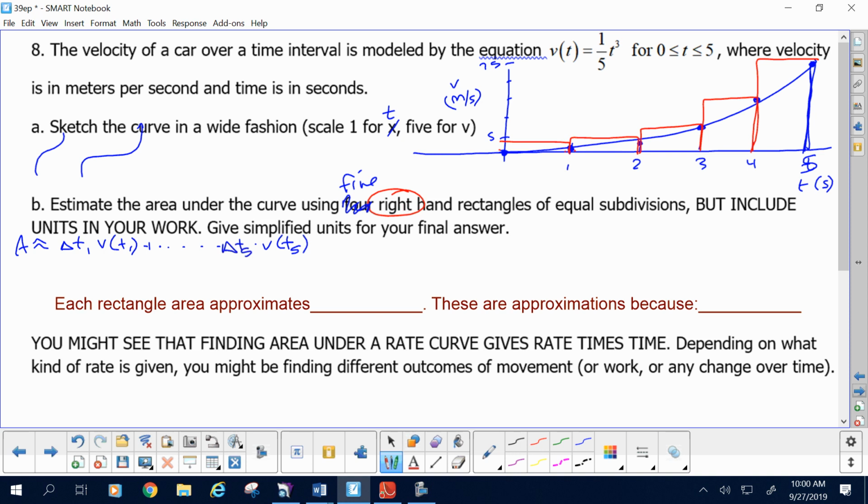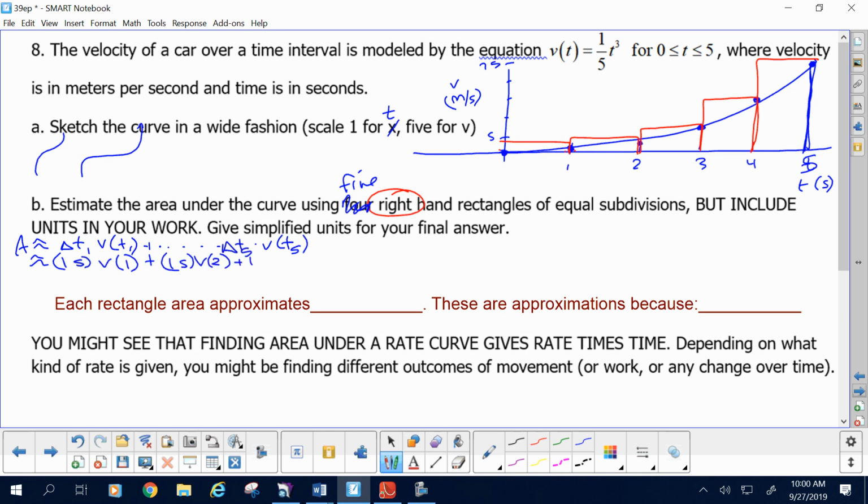All right, now then, delta t1. Delta t1 is 1. Now with units, that's 1 second. And v at t1 is v at 1. Okay? Then it's 1 second v at 2.